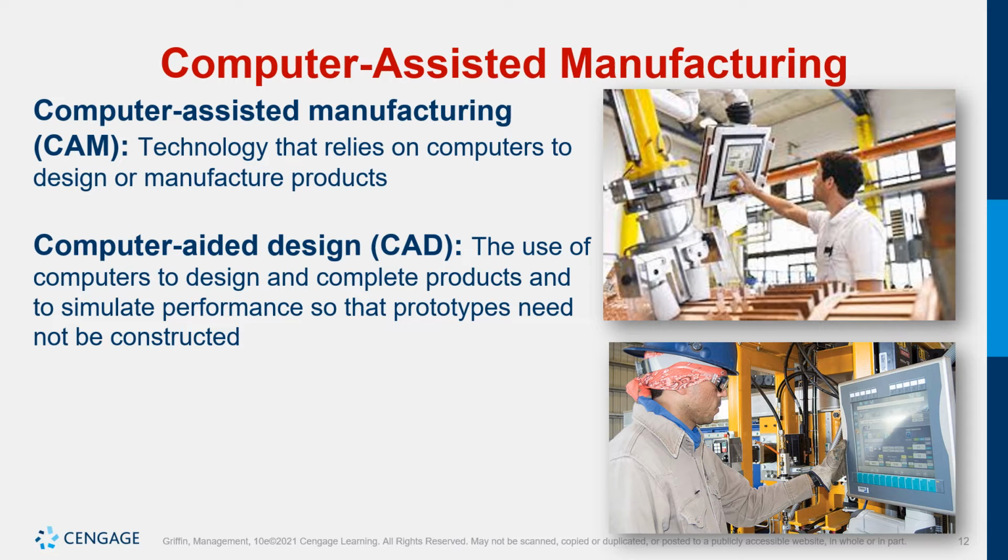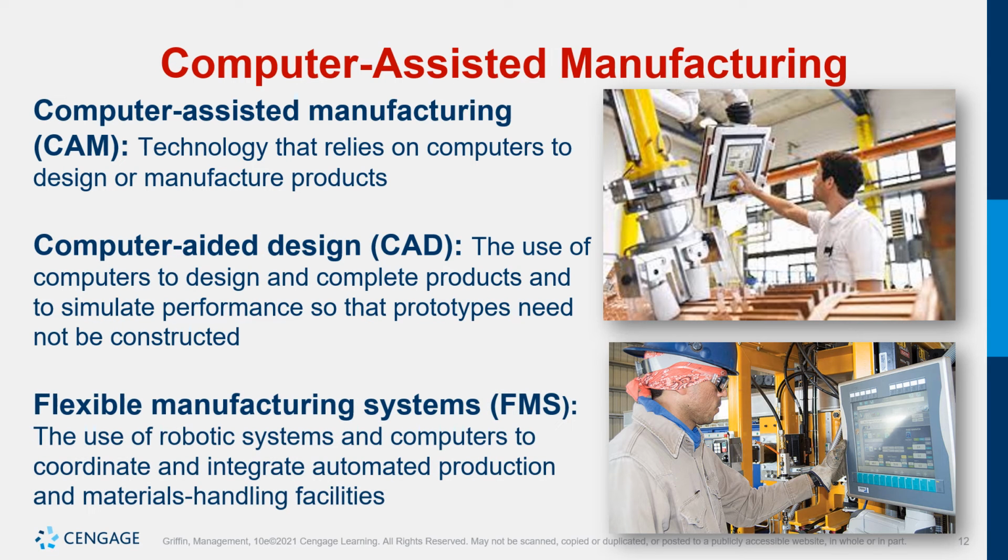Computer integrated manufacturing, or CIM, allows for coordination among all manufacturing activities, linking computer-aided design and computer-assisted manufacturing systems. A flexible manufacturing system, or FMS, is the use of robotic systems and computers to coordinate and integrate automated production and materials handling facilities.